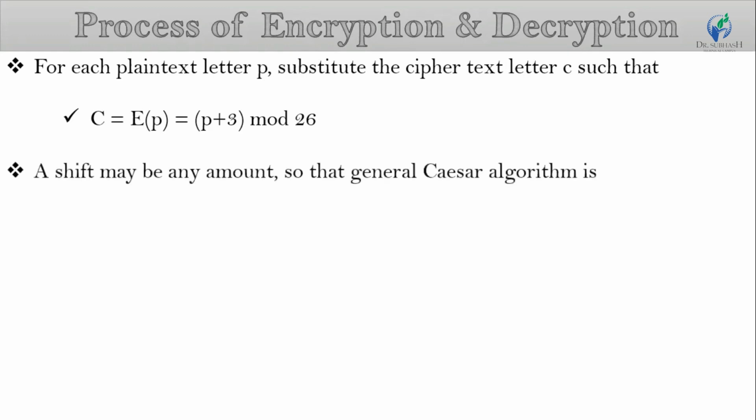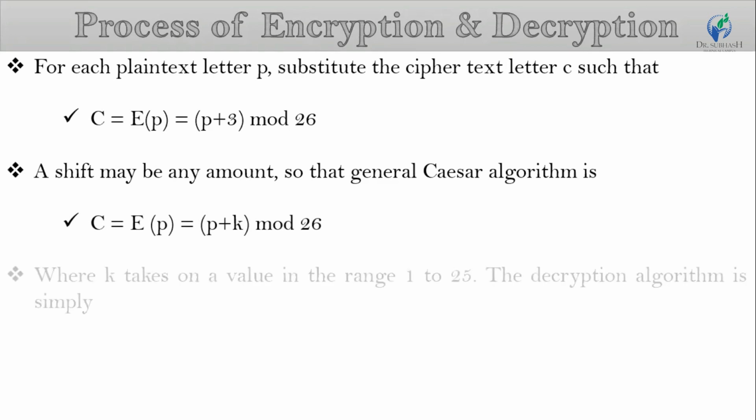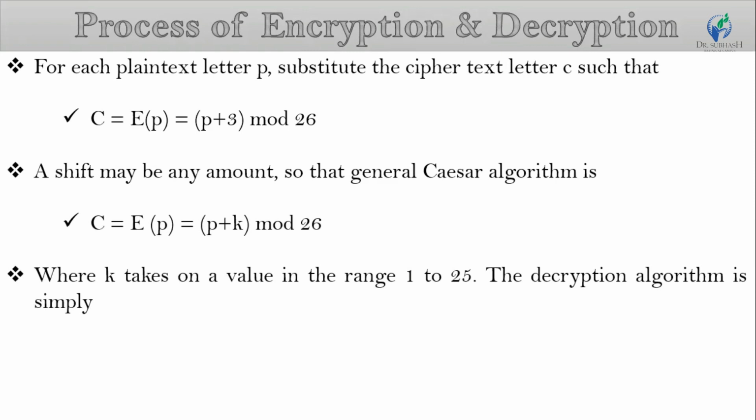A shift may be any amount, so the general Caesar algorithm is C is equal to E of P, which is equal to P plus K mod 26, where K takes a value in the range 1 to 25.